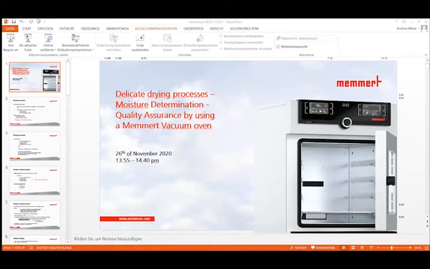Physical drying includes convection, oven drying controlled by gravity, which means warm air is rising, or mechanical convection with a blower for more uniformity, as well as vacuum drying for more sensitive materials and samples.